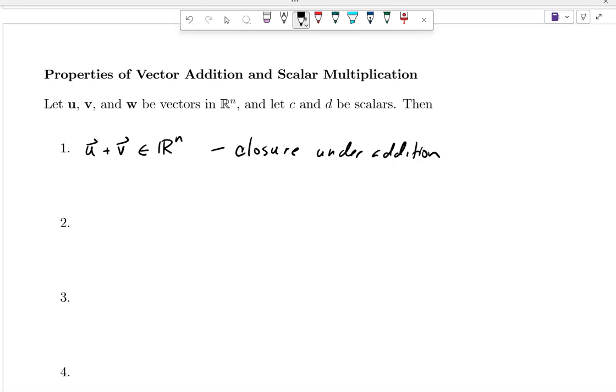The next few are just properties of addition that shouldn't be a huge surprise. This just says that we can add in either order.